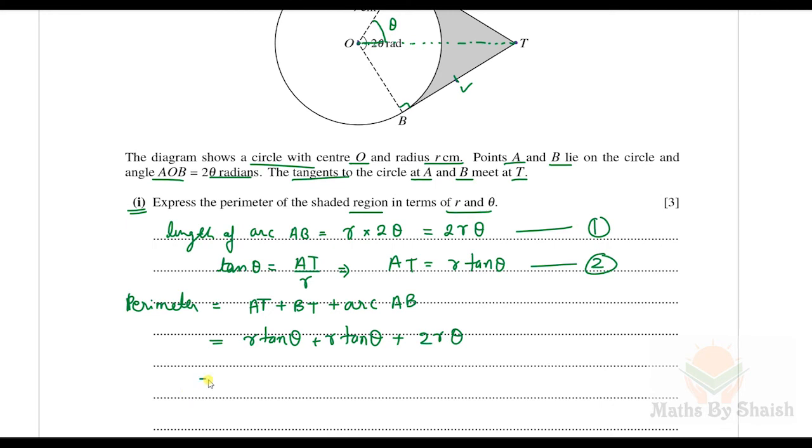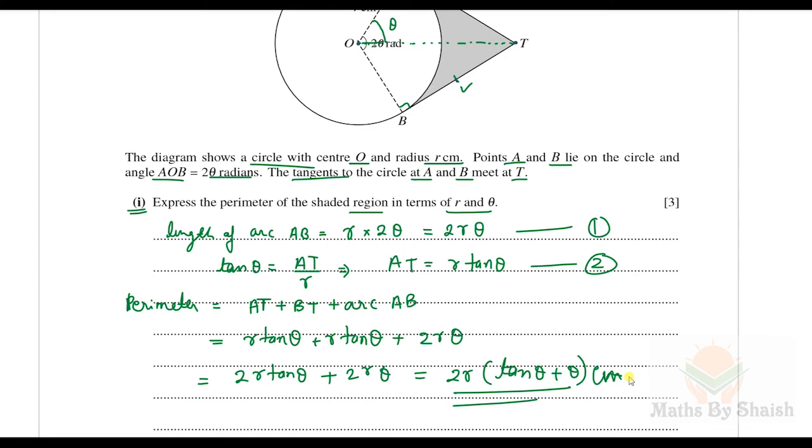So it becomes 2r tan theta plus 2r theta. We can take r common, it is not required, but we can. 2r times (tan theta plus theta) units, because the radius is given in centimeters, so it will also be centimeters. So I hope it is clear.